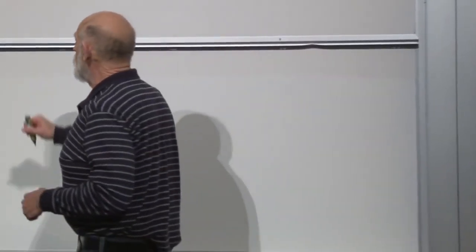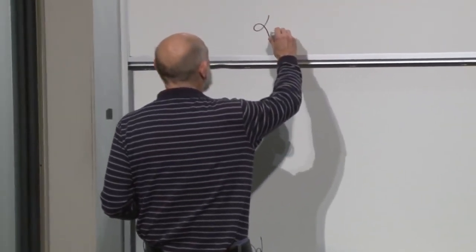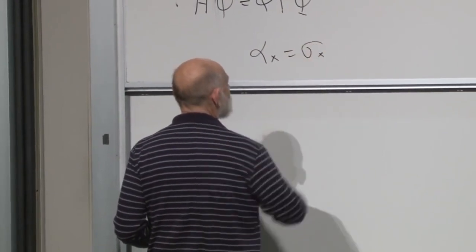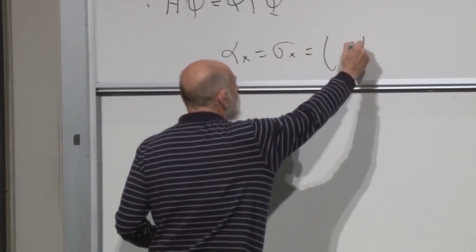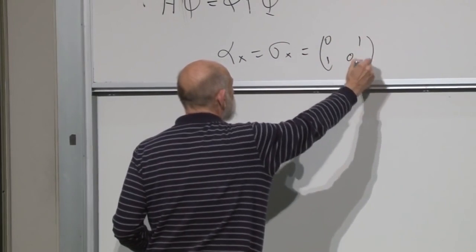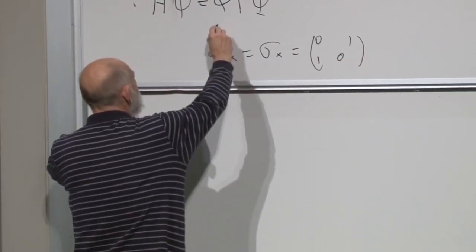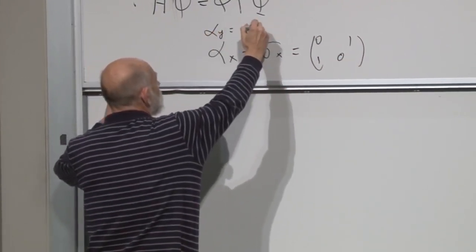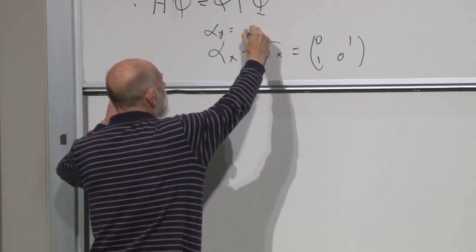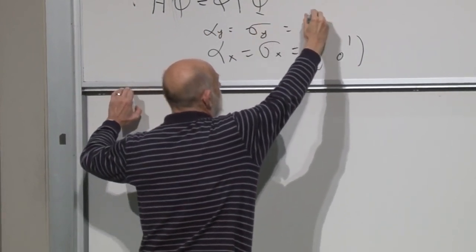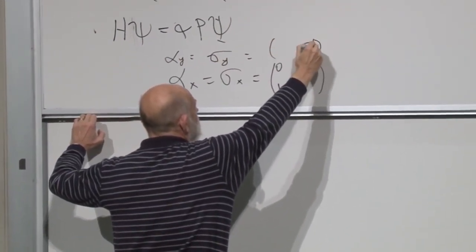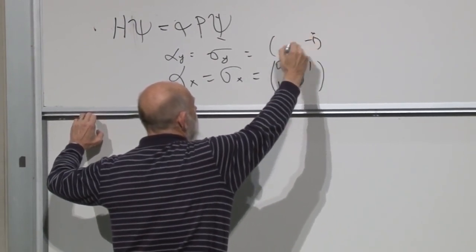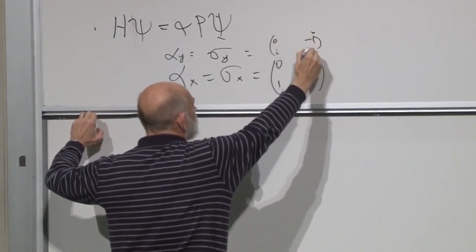Okay? So if we say alpha x is equal to sigma x, the Pauli matrix equals (0, 1; 1, 0). Alpha y equals sigma y equals what? (0, minus i; i, 0).